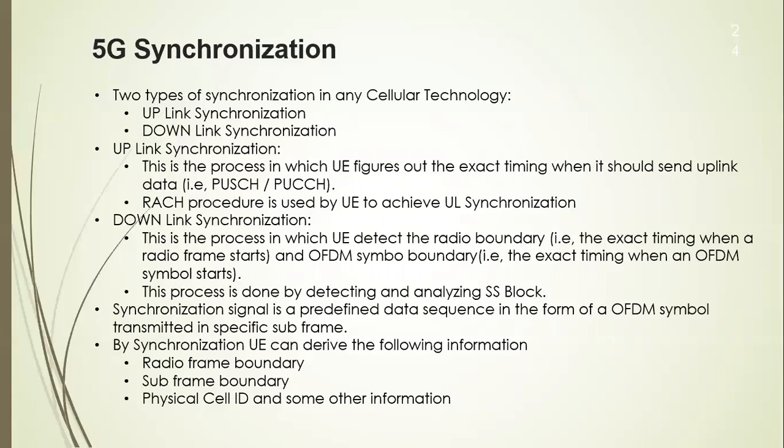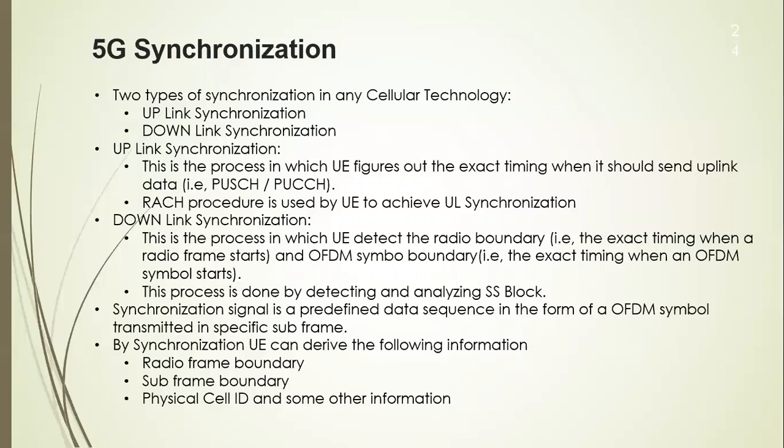It is achieved using a specific procedure called the random access channel procedure, which is almost the same as in the legacy network. The second phase is downlink synchronization. In fact, the downlink synchronization happens first, and then uplink synchronization happens when the device is powered on in the coverage area.